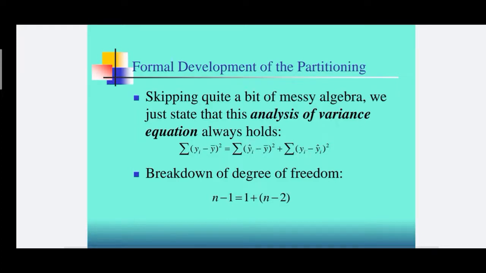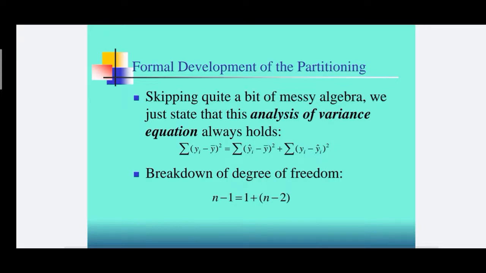Okay, so the breakdown of the degrees of freedom for each of the sums of squares is, okay, n minus 1 will be the degrees of freedom for SST. Why n minus 1? One degree of freedom is lost because we estimate the population mean Y bar.